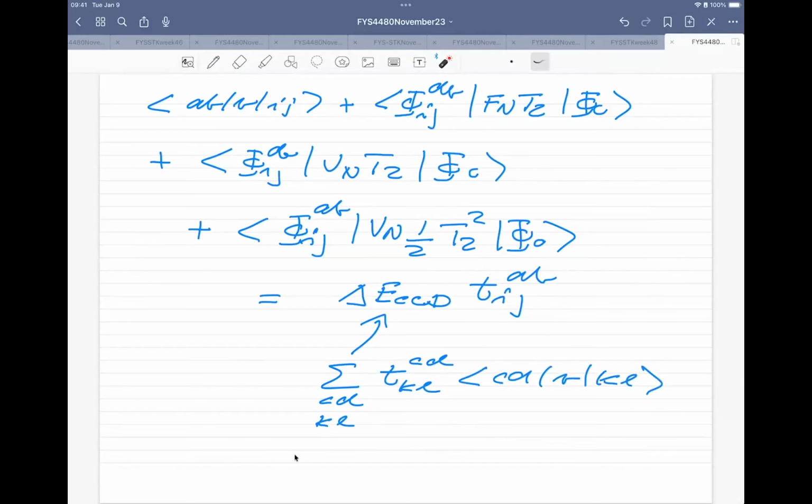So we typically call this a nonlinear equation. And you will also see that this equation brings in a nonlinearity because it will have the coefficient squared, since you have a T2 squared here.